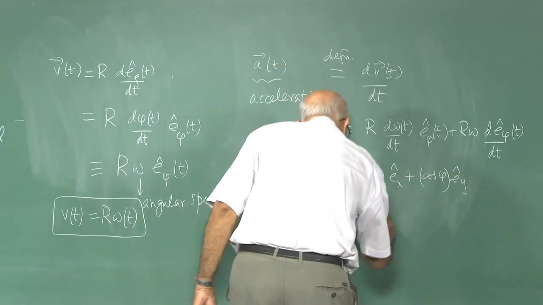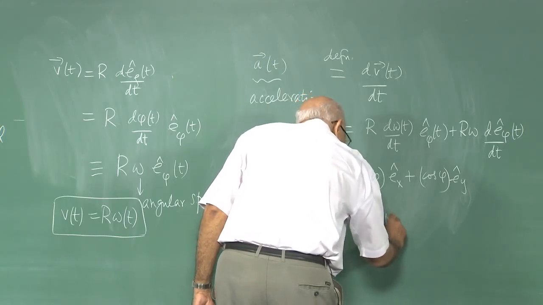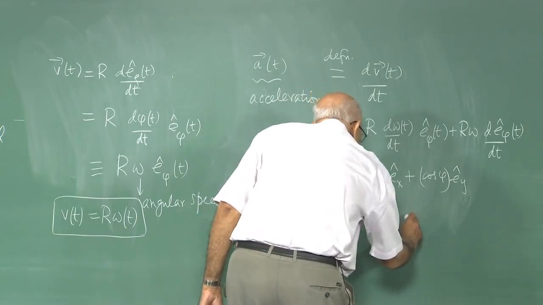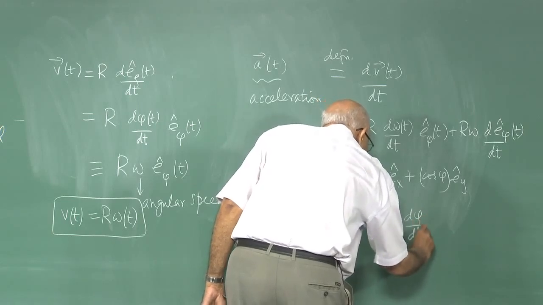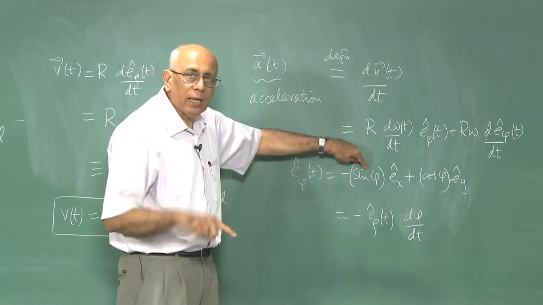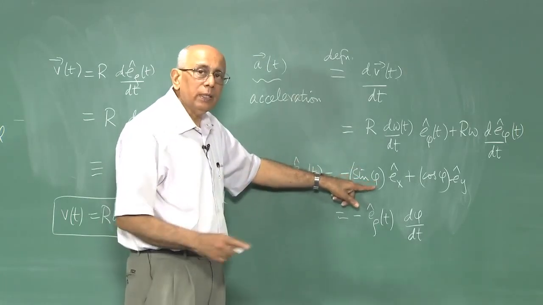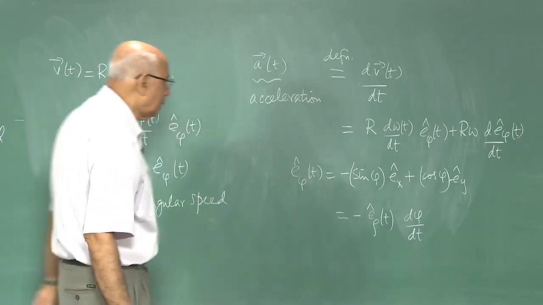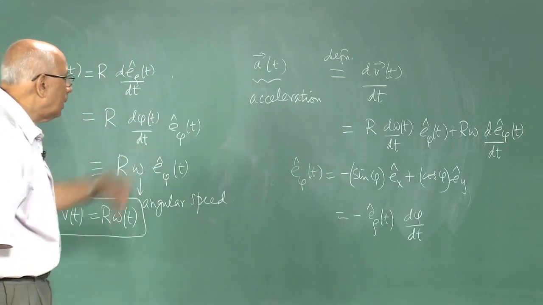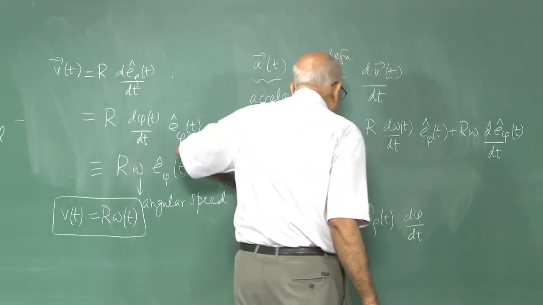So this immediately says this is equal to E rho as a function of time multiplied by d phi over dt or phi dot. So when we differentiate sin phi with respect to time, first you get cos phi and then d phi over dt, because phi is a function of t. So we put that in there, and this immediately tells you that you have two terms here.